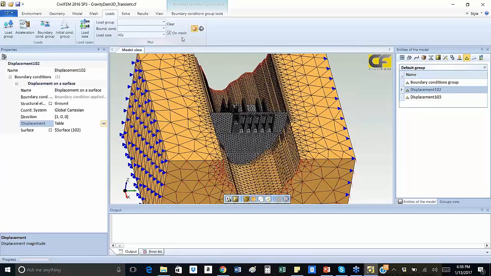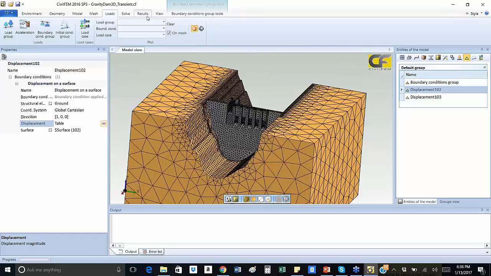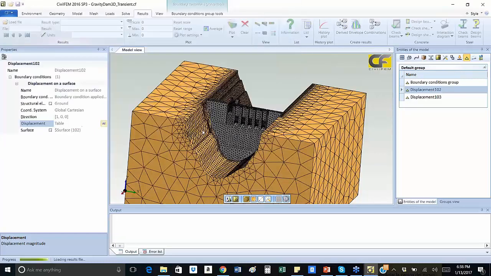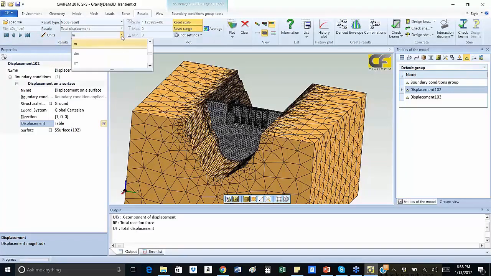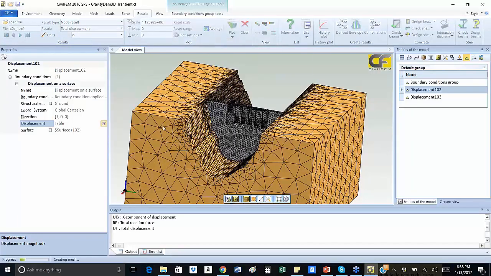We can proceed to display the results. We're going to load the file with the previously calculated results. And we'd like to see the displacement variation response at each time increment.